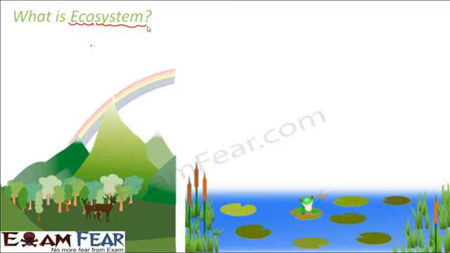So what is the meaning of eco? What is ecology? Ecology is also that branch of science which deals with the study of the interaction between living and non-living organisms. The word eco is related to environment, atmosphere. In that entire environment or atmosphere, you have both living and non-living organisms.